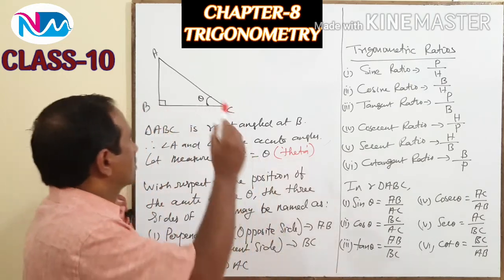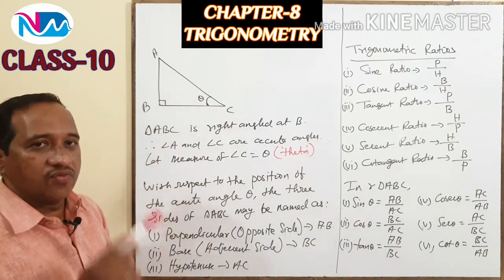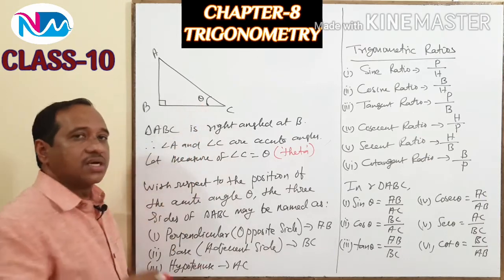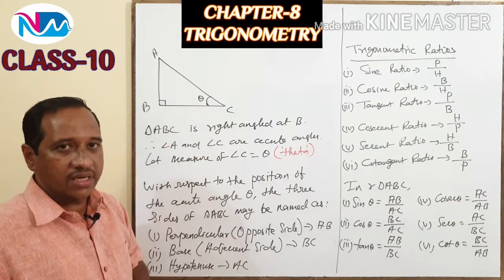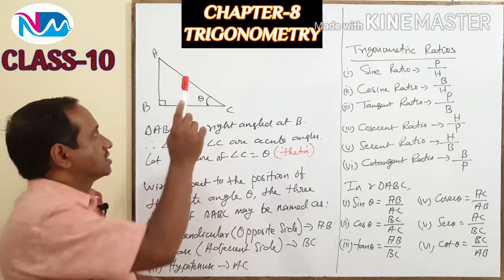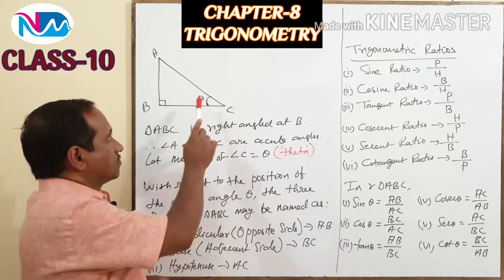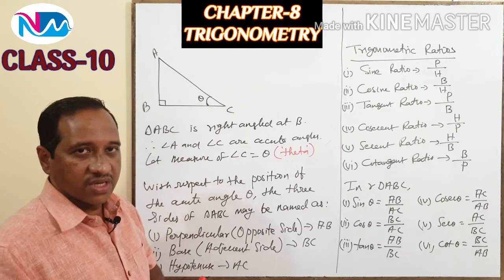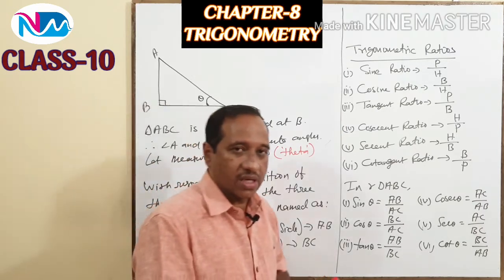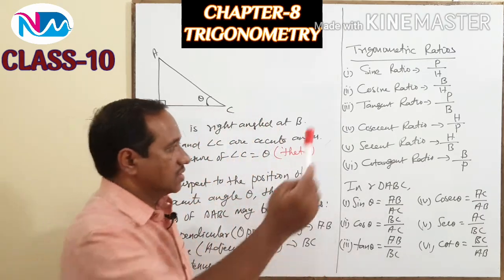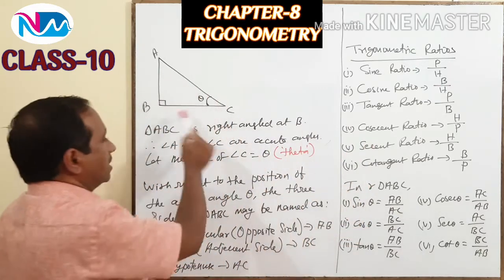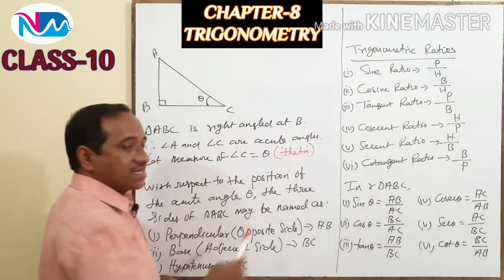Here we have a right angle triangle in which angle C is considered, which is an acute angle, whose measurement is represented by theta. So, with respect to the position of angle theta, the trigonometric ratios can be defined as, in right triangle ABC, sine theta.